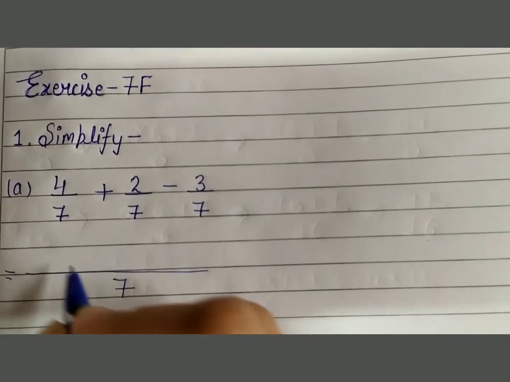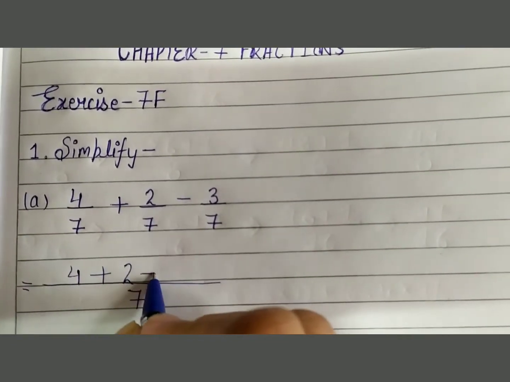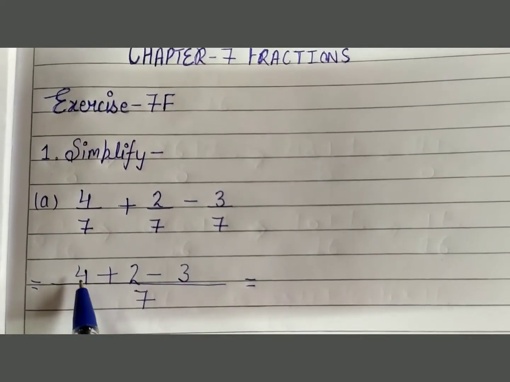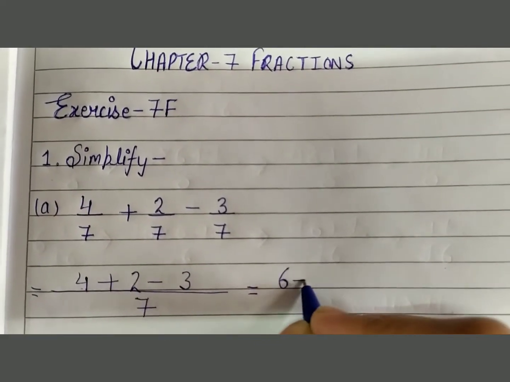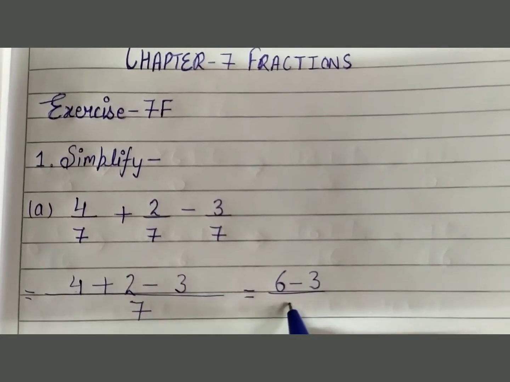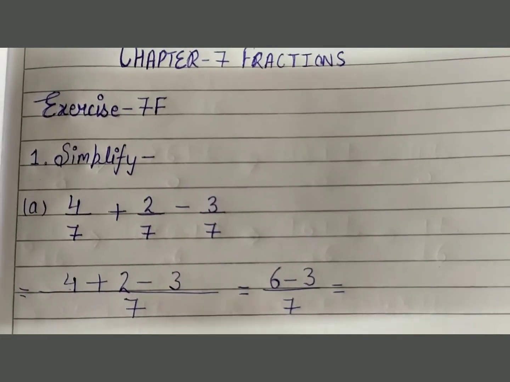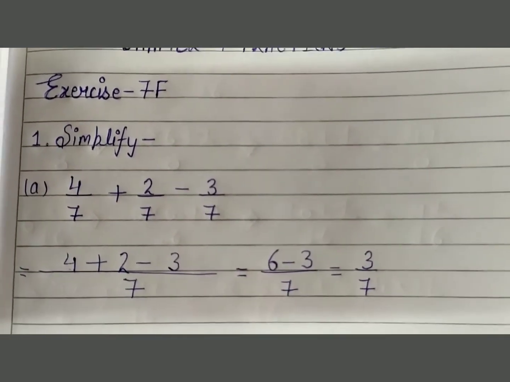Write 4 plus 2 minus 3. Firstly add these two numbers. 4 plus 2 is 6, minus 3, as it is, upon 7. 6 minus 3 equals 3 upon 7. This is the answer.